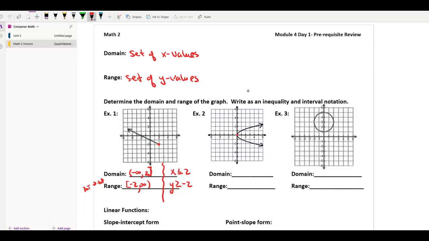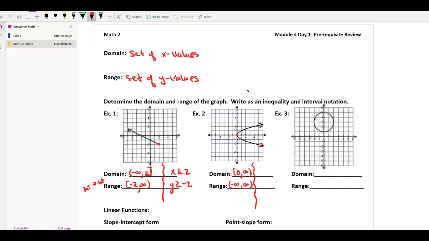-2. All right. Now my next one, my domain. I start here on the left and it goes to the right forever and ever. So we're going to say my first x value is 0 and goes to infinity. In my range, anytime we go down forever and ever and up forever and ever, we say we go from negative infinity on the bottom to positive infinity.